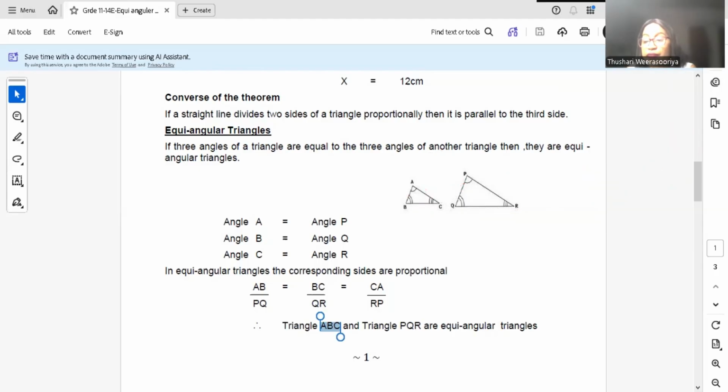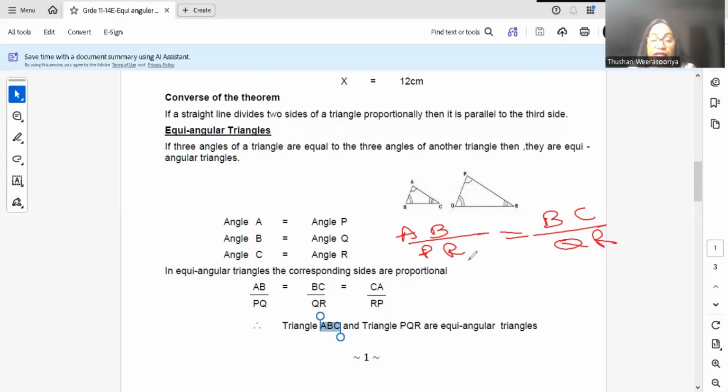Now look at this. I'll make it a little bit bigger. That is a special feature. Now look at this. I'll take AB, and the corresponding side is PR. The ratio AB over PR equals BC over QR.